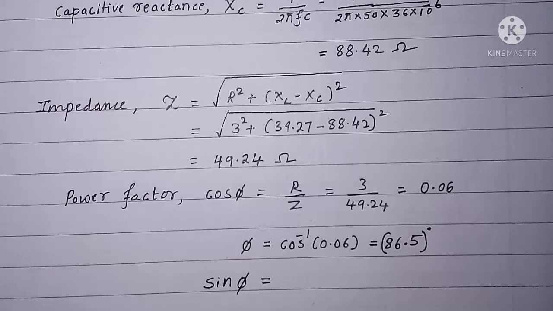Sin phi is equal to sin of 86.5 degrees, that is equal to 0.998.